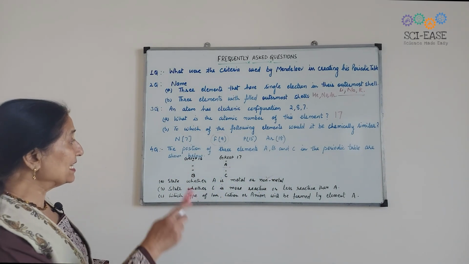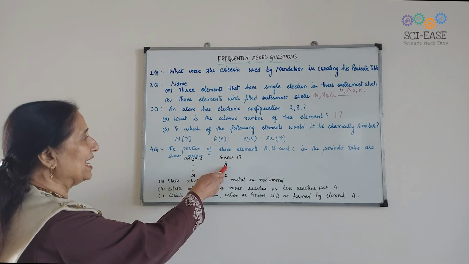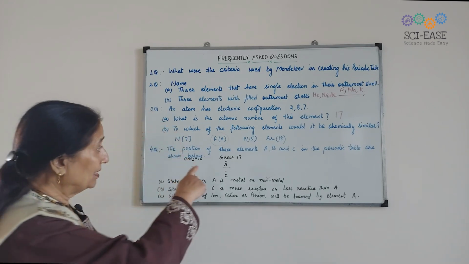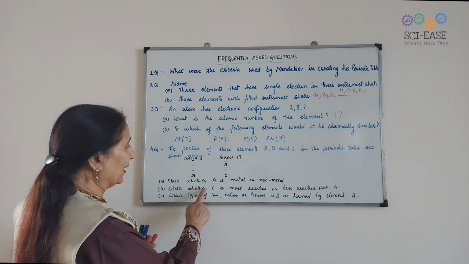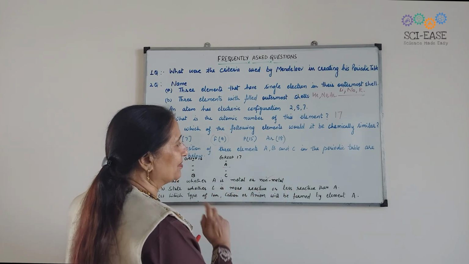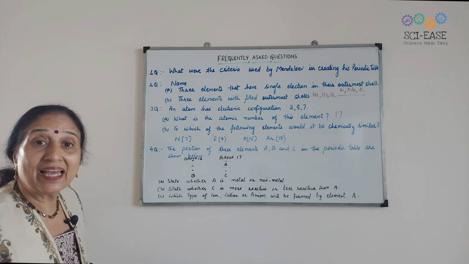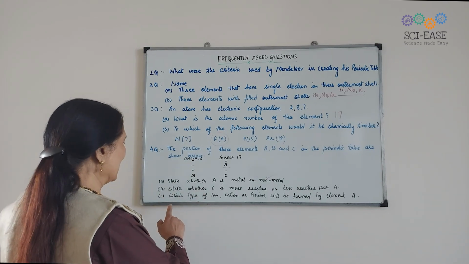State whether C is more reactive or less reactive than A. A, I have told you, that is more reactive. So C will be less reactive than A. Okay, C will be less reactive than A.